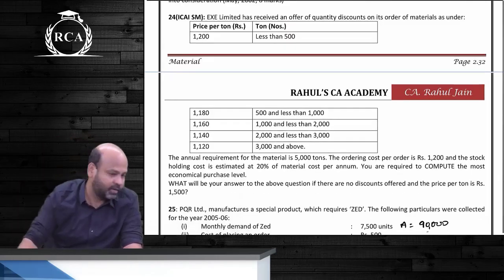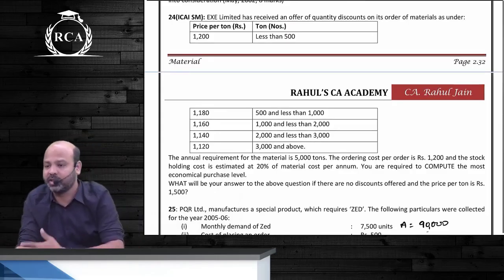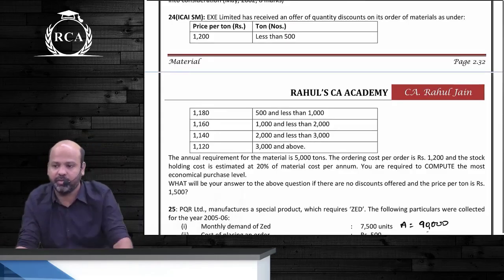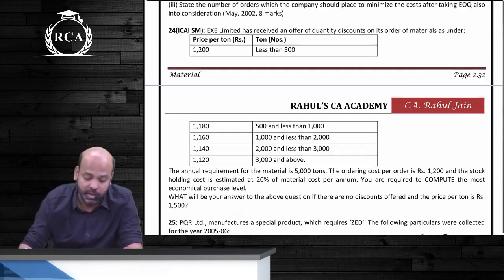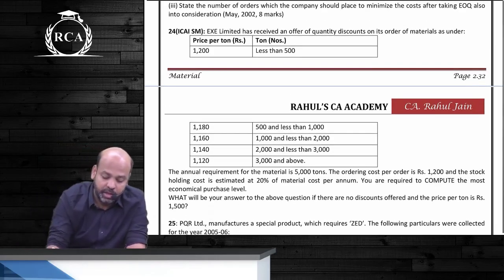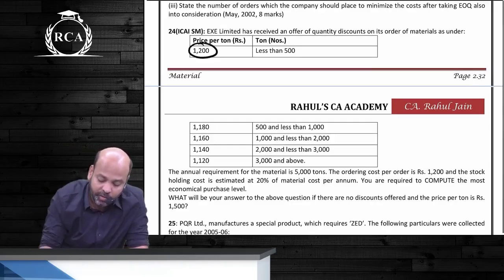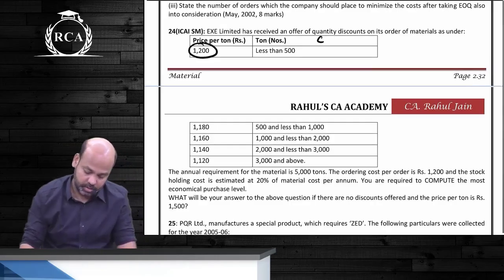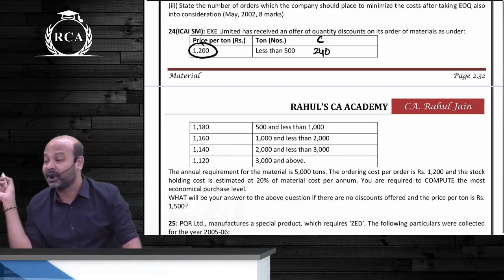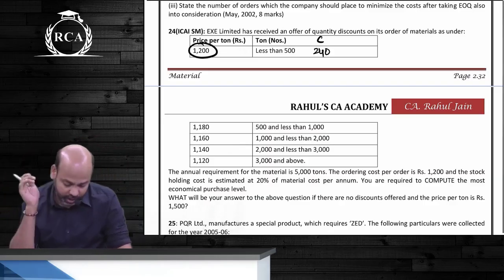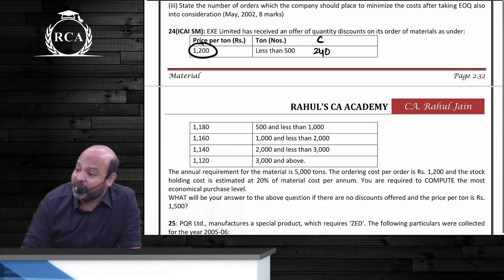Undoubtedly, the answer is that we'll pick up the lower limit, but there is a logical explanation to that. The explanation is not given as a part of any answer of ICAI, but let's understand the explanation, guys. If I pick up a price of 1200 rupees, what will be my carrying cost per unit? 240. It will be 20% of that 1200. I also know the ordering cost, guys. So what will be the EOQ, beta?